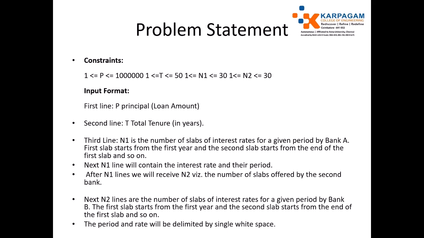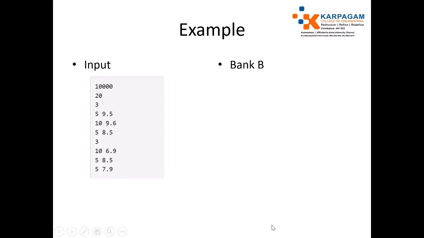After N1 lines, we will receive N2, that is the number of slabs of interest for a given period by Bank B. The next N2 lines are the slabs of interest rate for a given period by Bank B. The first slab starts from the first year, and the second slab starts from the end of the first slab, and so on. The period and rate will be delimited by a single white space.